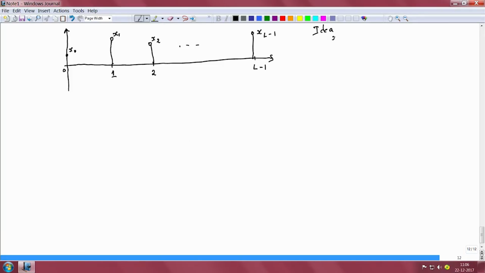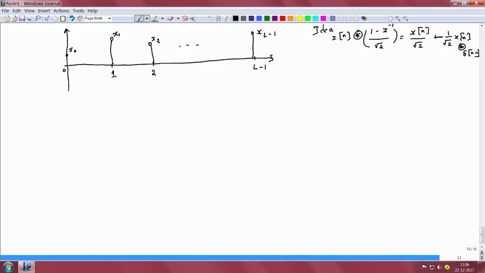So, essentially x of n convolved, or circularly convolved, with 1 minus z power minus 1 by root 2 is nothing but x of n by root 2 minus 1 by root 2 times x of n circularly convolved with delta of n minus 1.